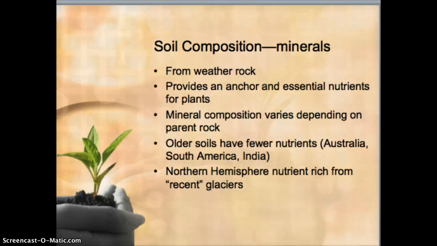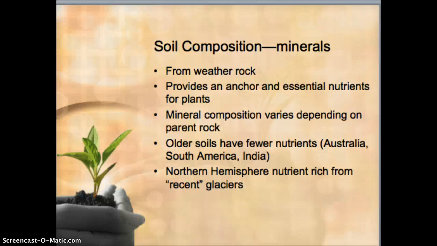So when we look at the soil composition, those minerals, again, are all from weathered rock, and they're really what provide the nutrients for plants. That's where the minerals are coming from, essentially. It depends on where the rocks originated, what types of minerals you're going to get. And typically the older the soil is, the fewer nutrients it has.